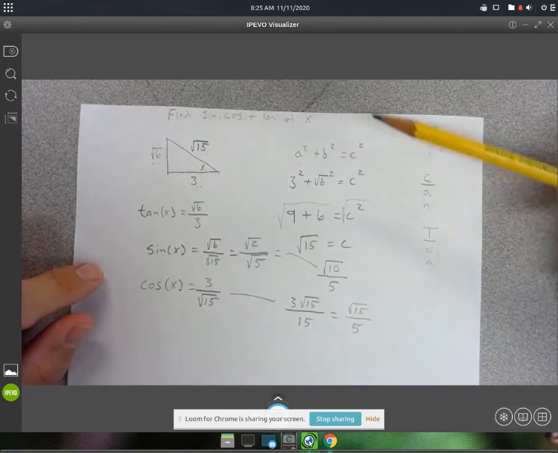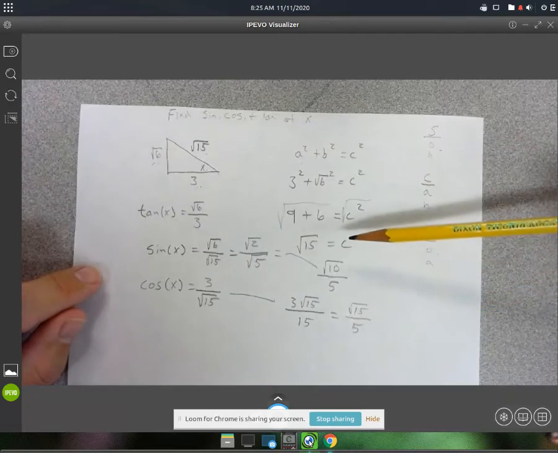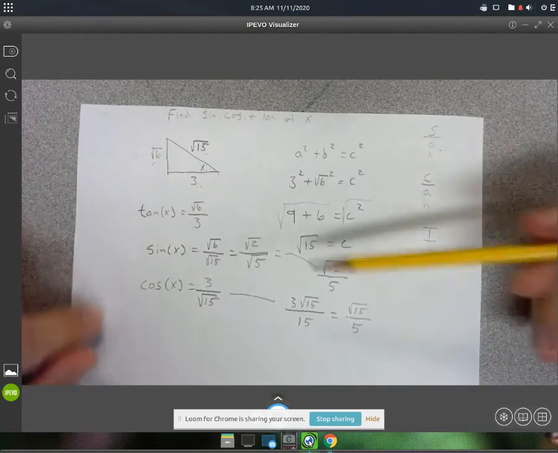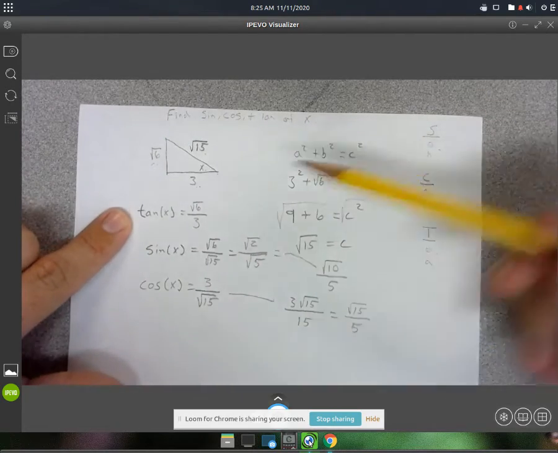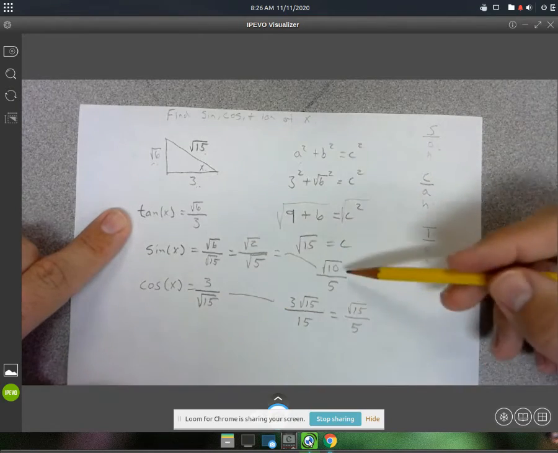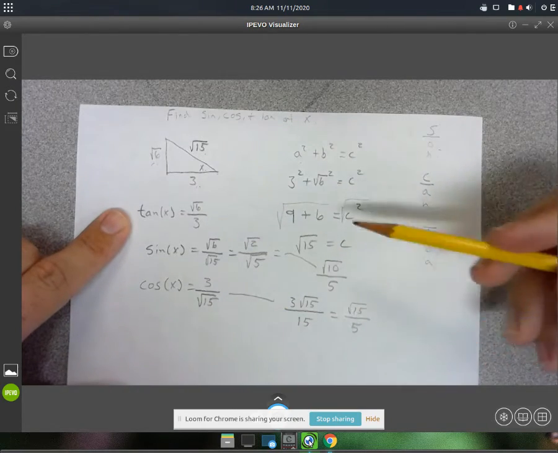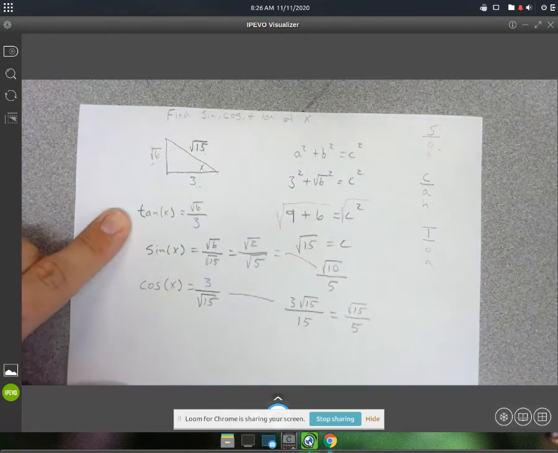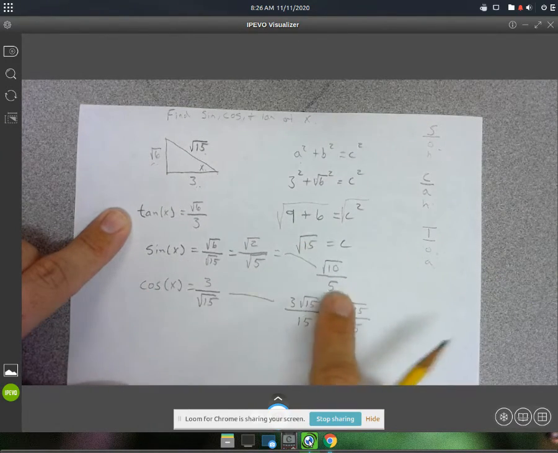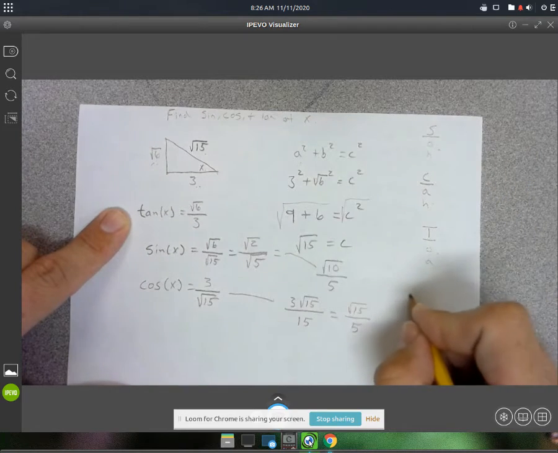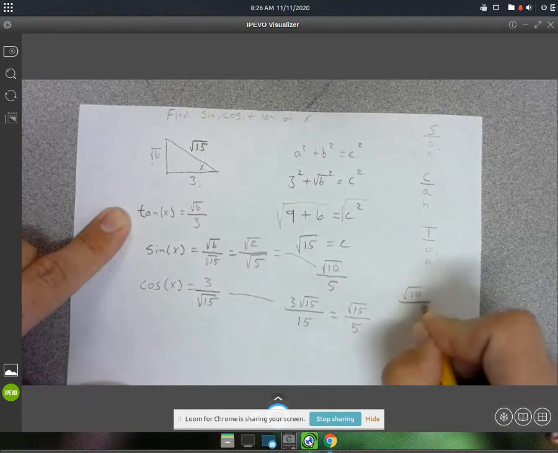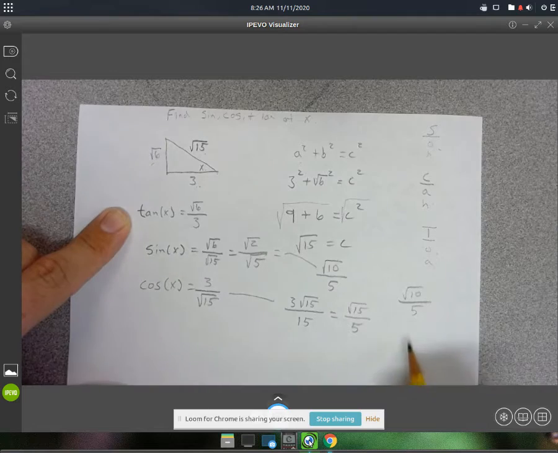Let's see here. The last time, we said that tangent was also equal to sine over cosine. So I was going to stack these on top of each other to show you that that still equals root 6 over 3. Sine was root 10 over 5, and cosine was root 15 over 5.